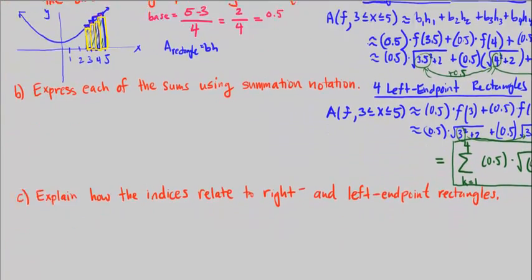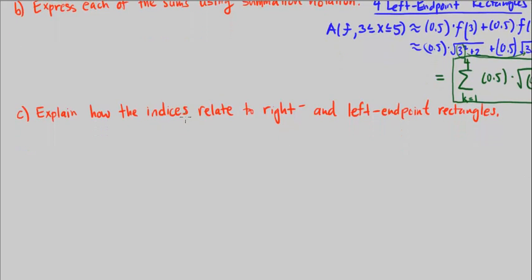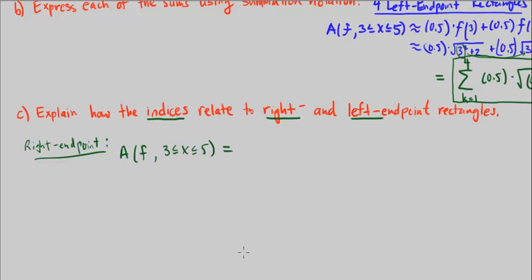So let's go ahead and look at part C. Part C says to explain how the indices, that's our index, relate to right and left endpoint rectangles. Let's write down the right and left endpoint rectangle summations. Our right endpoint, let's copy it, is the area of f between 3 and 5.